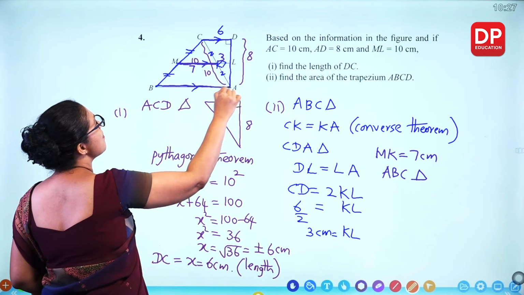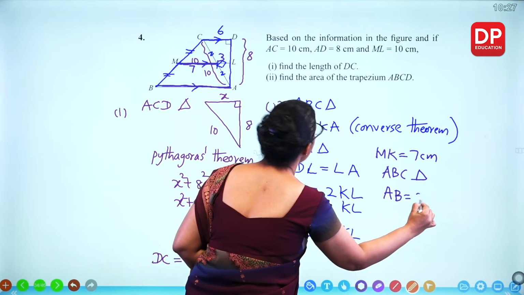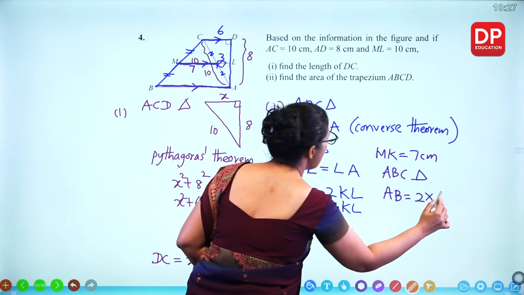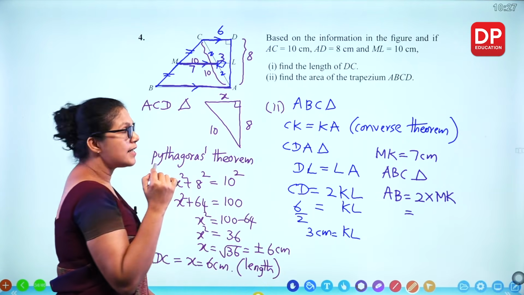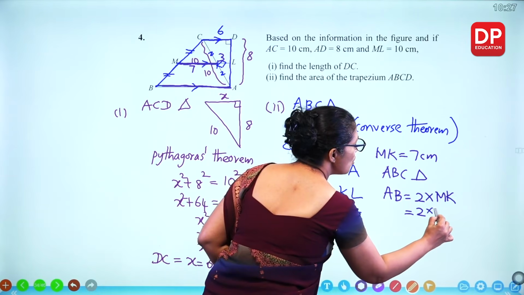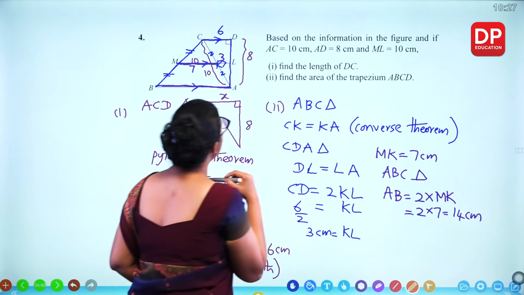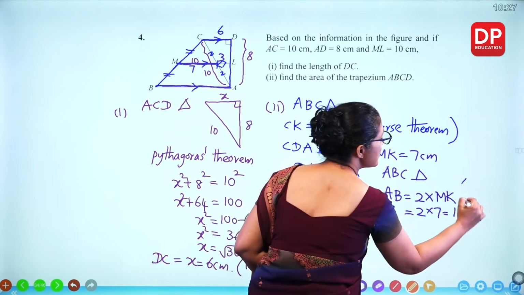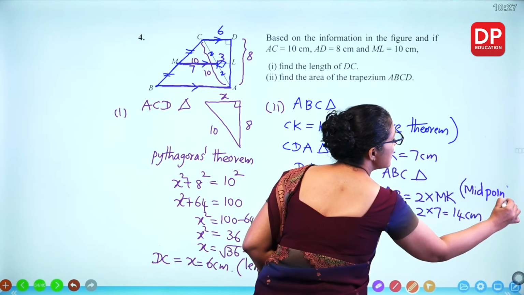So what can you say about AB length? AB length is double of MK length according to the midpoint theorem. So 7 times 2, you get 14 centimeters for AB length. So we can write this is according to the midpoint theorem.